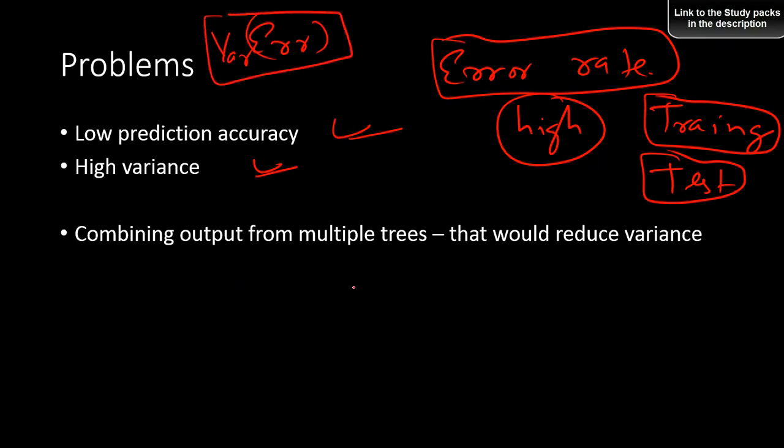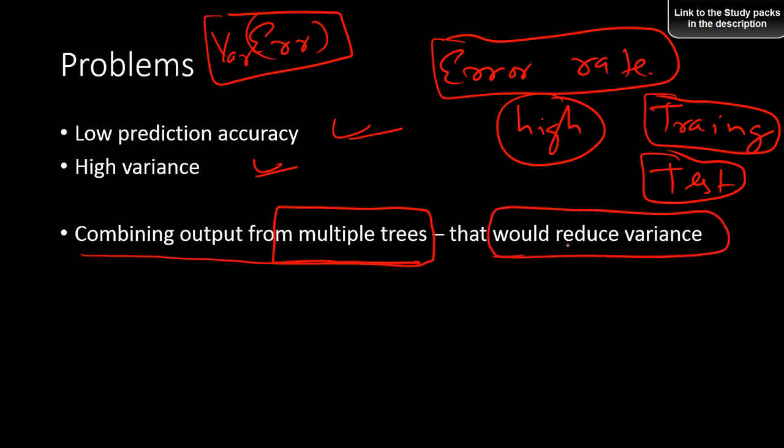And why are we discussing this? Because this weakness of the decision tree model motivates us to learn what a random forest model is. In random forest, we combine the output from multiple trees. So instead of using just one decision tree, we build multiple decision tree models, and then we combine the output from these models, and that would help us reduce the variance of the final model or output.